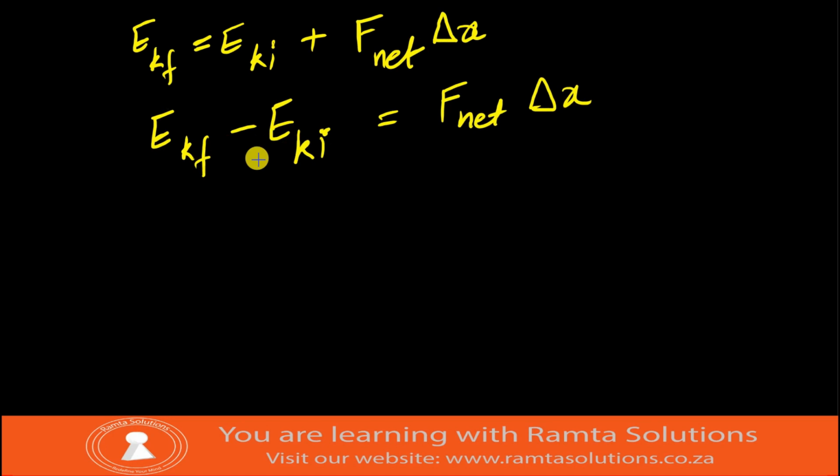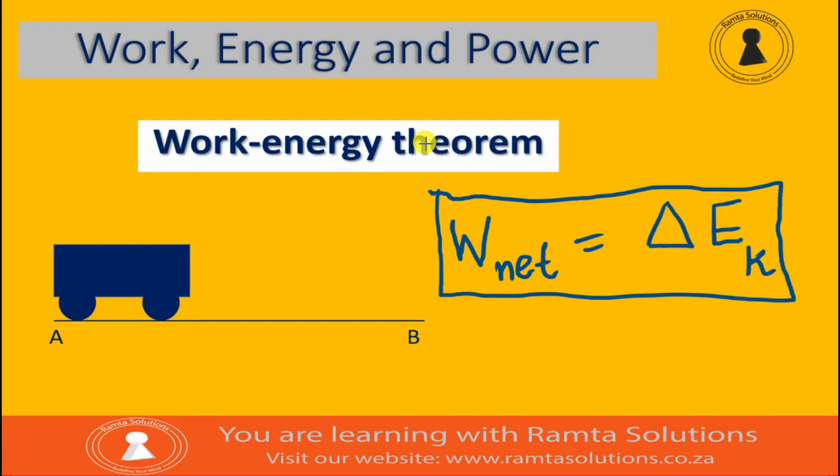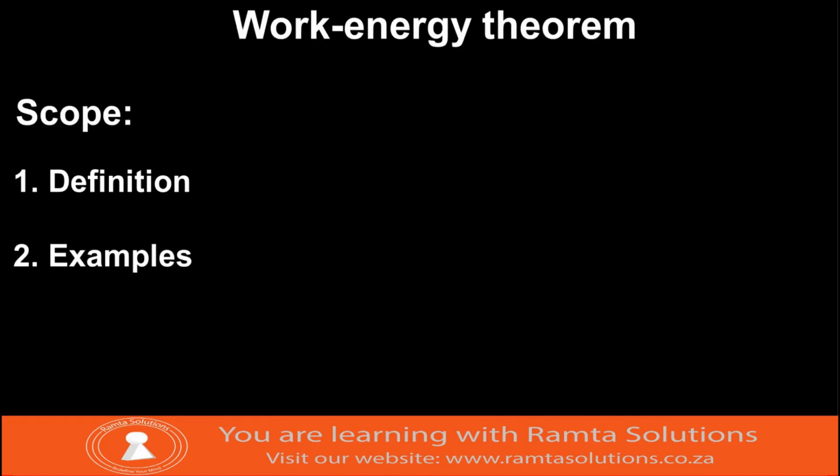This represents the change in kinetic energy, while this, as we said in the last video, is the net work, because it is force times displacement. So in the opening section, we have derived this formula.